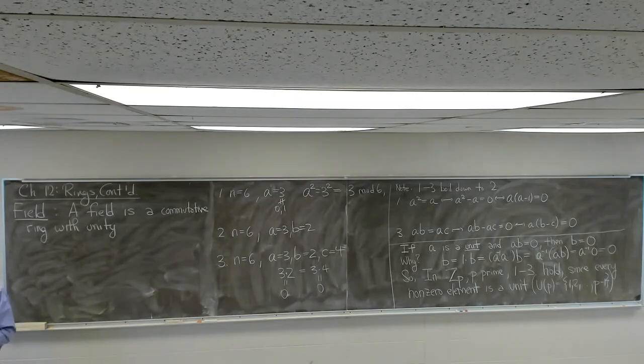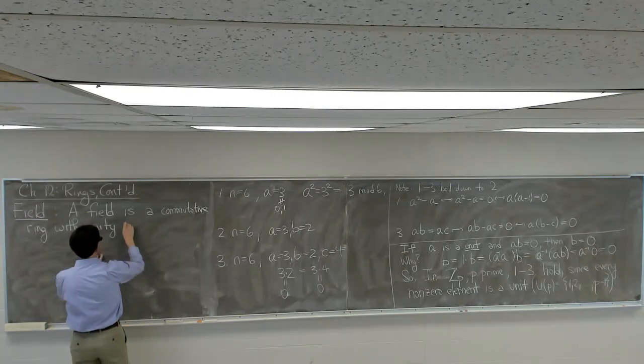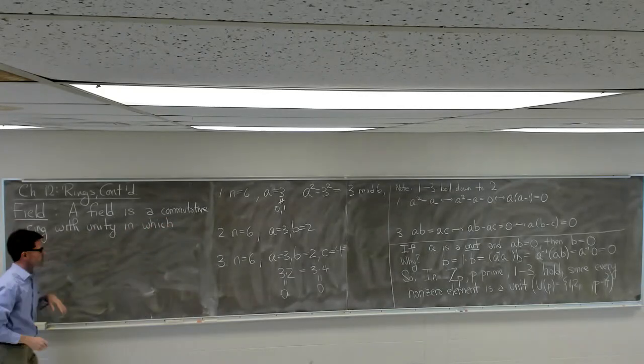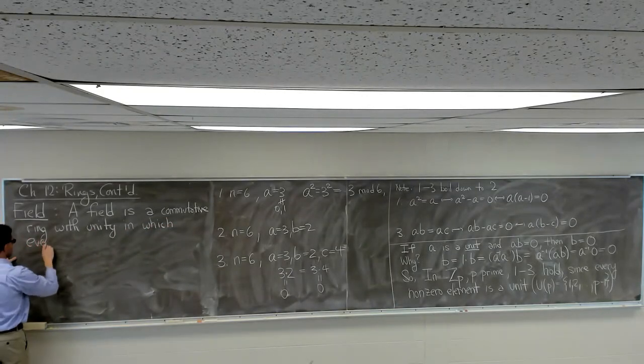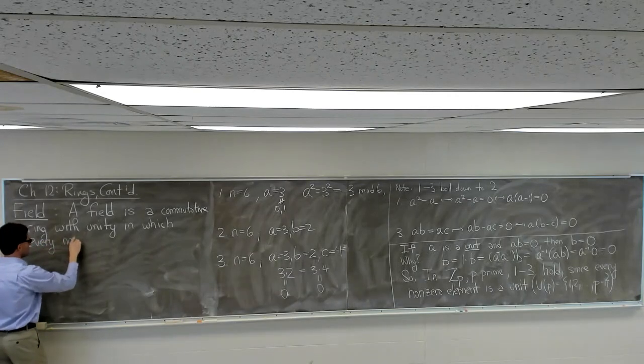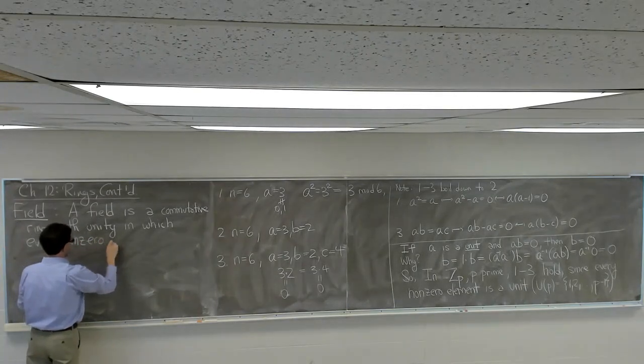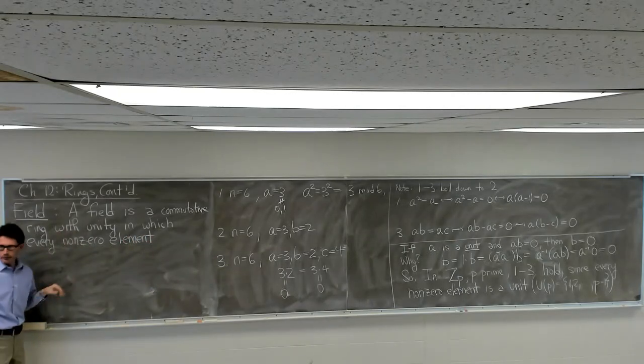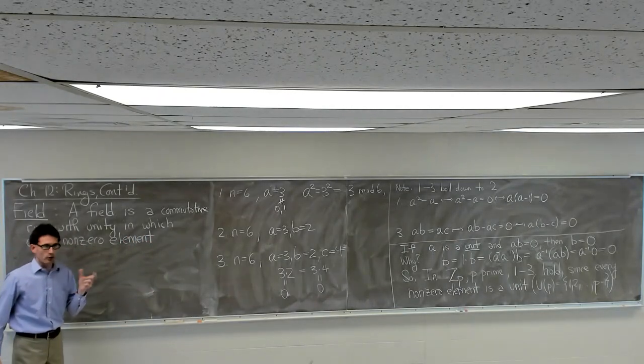Okay, so a commutative ring with a 1, in which every non-zero element is a unit, so has a multiplicative inverse.